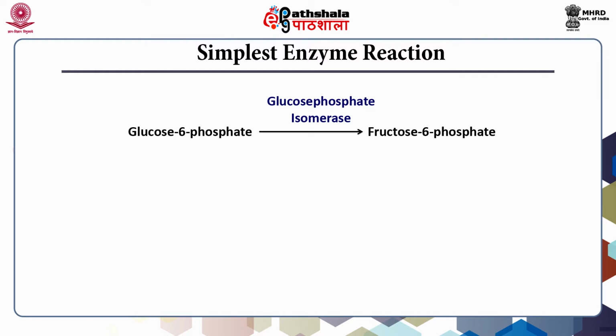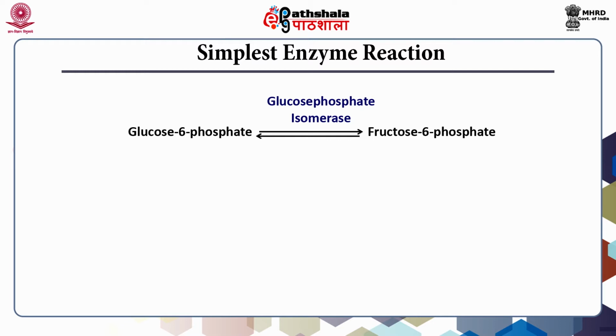The Gibbs free energy change for this reaction is 0.6 kilocalorie per mole, which is very low, conveying that this reaction catalyzed by glucose 6-phosphate isomerase is a reversible reaction. Therefore, it can run in the reverse direction to produce glucose 6-phosphate from fructose 6-phosphate.